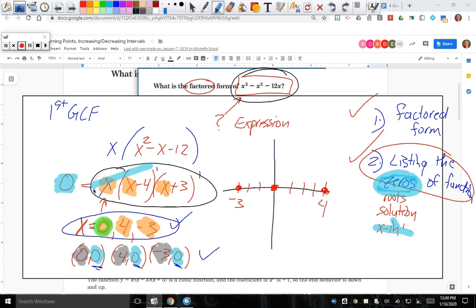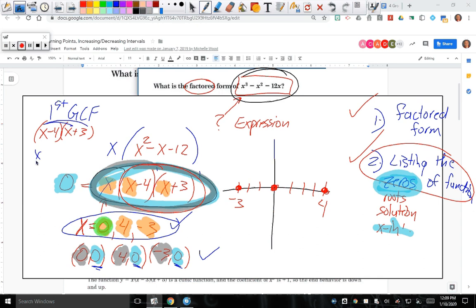If I were to redistribute all of this, basically FOIL it all out, I could grab these two right here, x minus 4 and x plus 3, just for practice, and I would get x squared plus 3x, and then minus 4x minus 12, because I'm multiplying, and I would combine like terms.